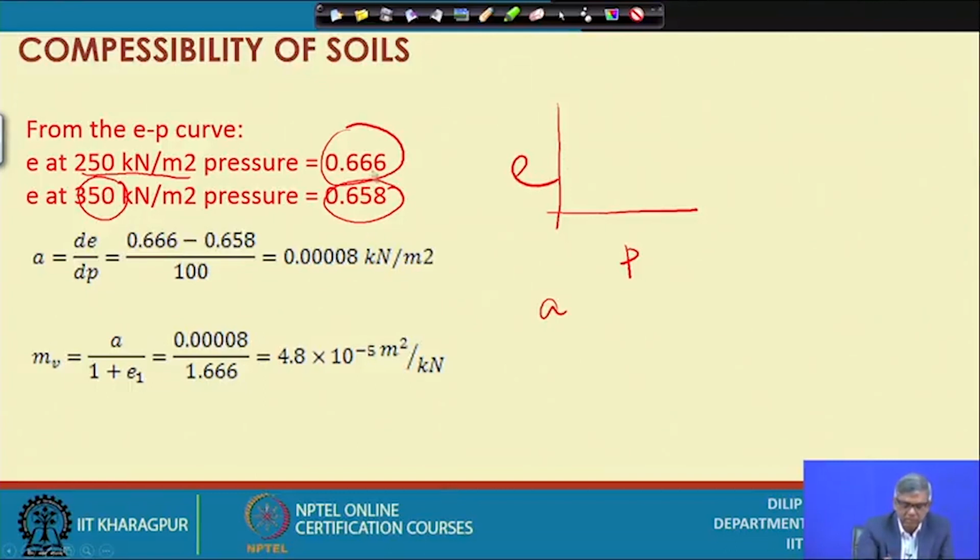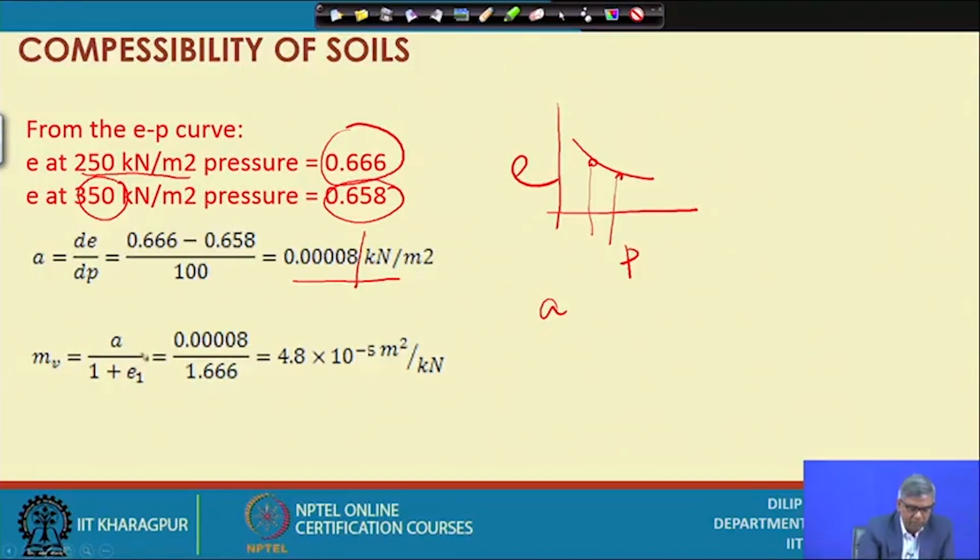So you select two points on the curve, and a equals de by dp. de is the change of void ratio, 0.666 minus 0.658, and the change of pressure is from 250 to 350, so 350 minus 250, which is 100. So a is de by dp, with unit per kilonewton per meter square.